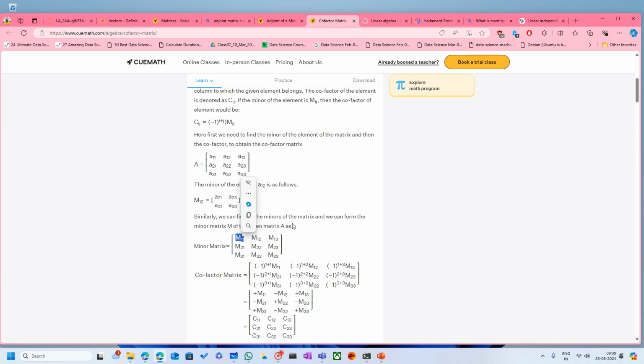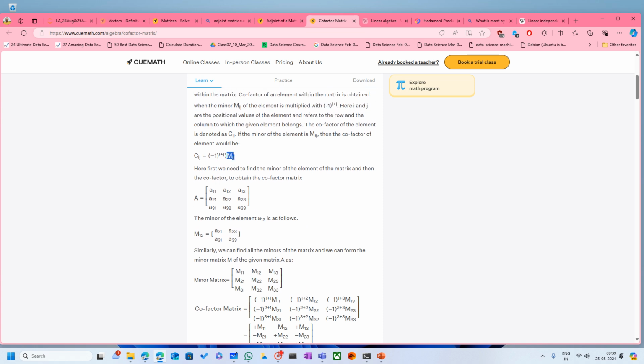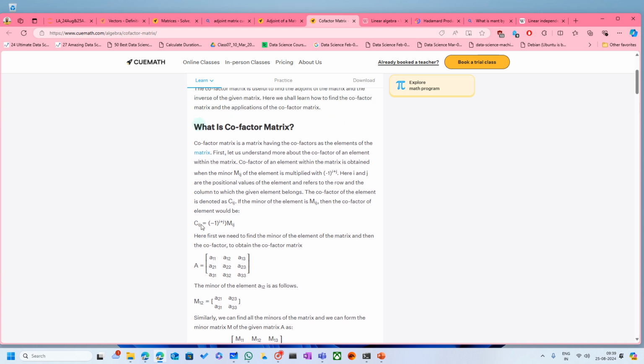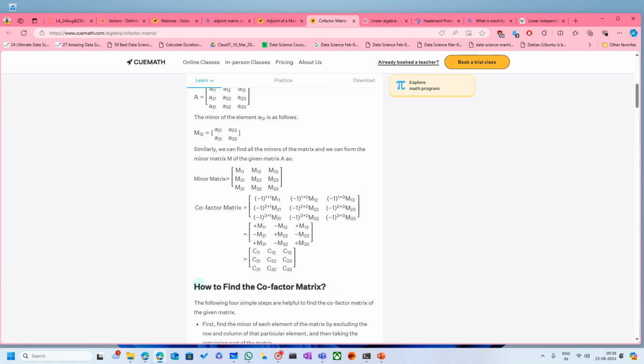If you calculate the minors for all the elements in that fashion, that becomes your minor matrix, and that minor matrix multiplied by minus 1 to the power of i plus j gives you the cofactor matrix. Are you following me?